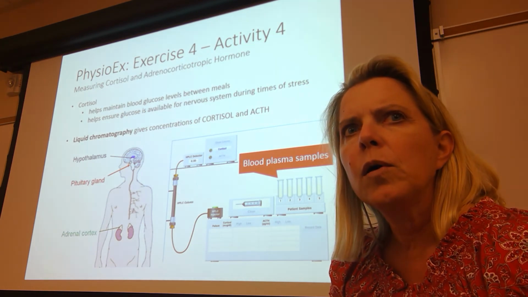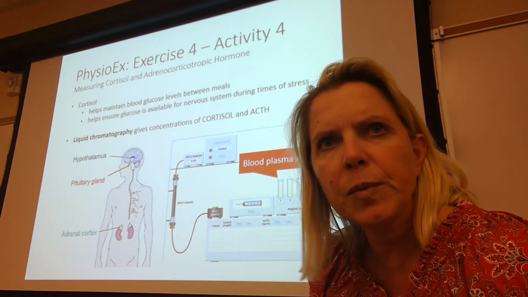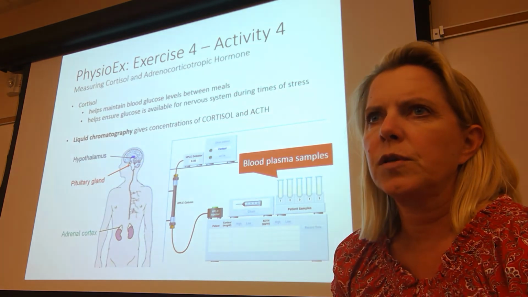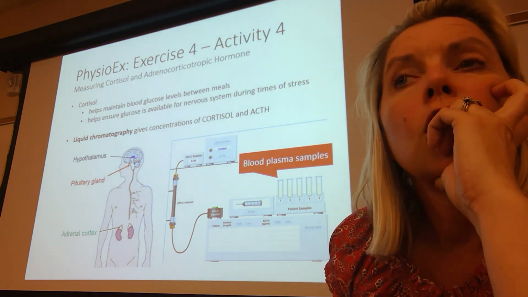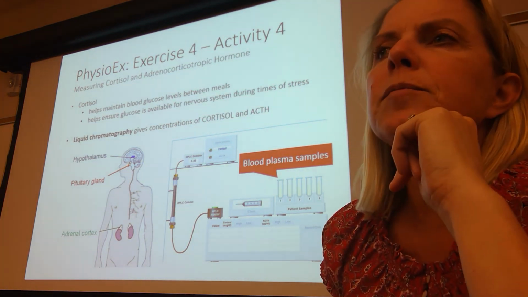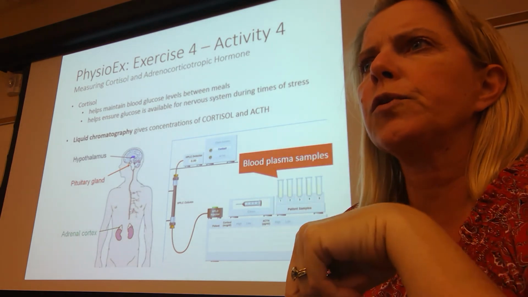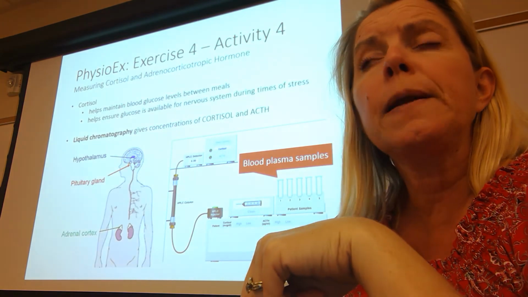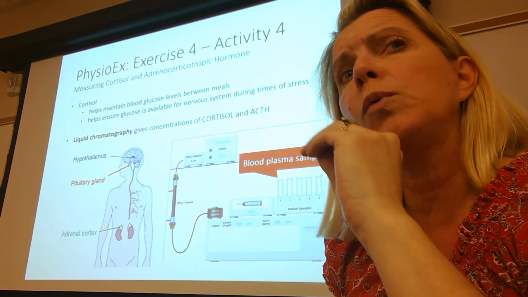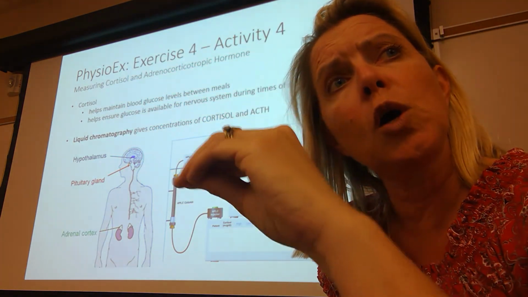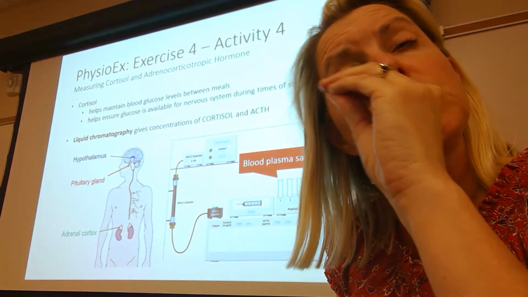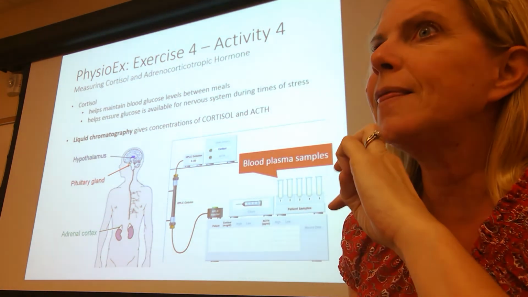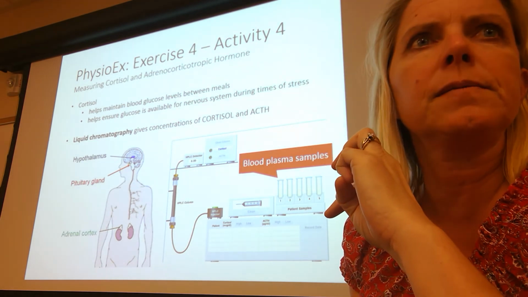We don't have a third column, do we, for CRH? Could it be that this problem started with an under-secreting hypothalamic tumor? Could it be that it started with low CRH levels leading to low ACTH levels leading to low cortisol? Could that be a reason?